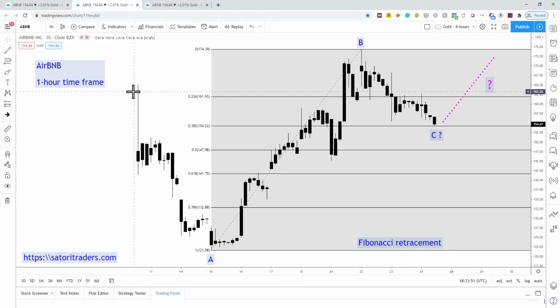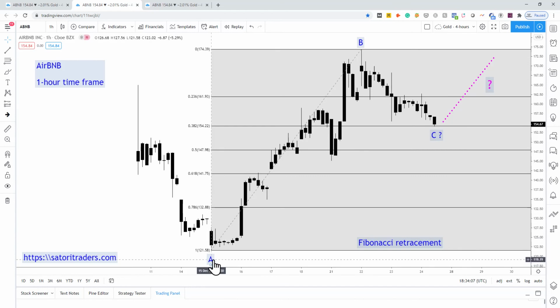Let's continue. Now we're still in the same 1 hour time frame, but we're going to look at the Fibonacci retracement tool. With the Fib retracement tool, we only need two price pivots.